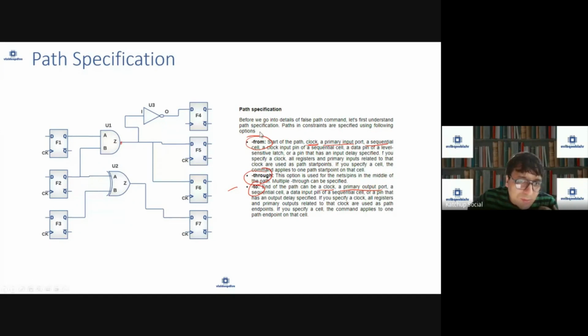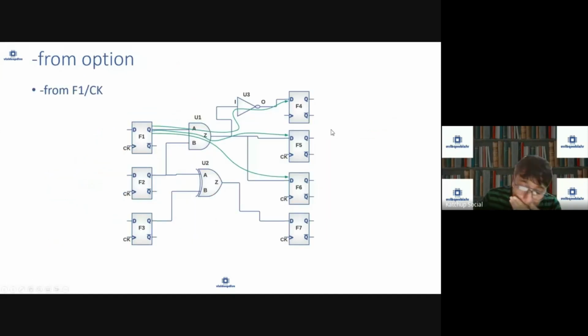Let's look at some examples to understand that. From can be a clock pin or an input port, or a flop clock pin. So let's say you specify the path from F1/CK, which is basically the clock pin of a flop.